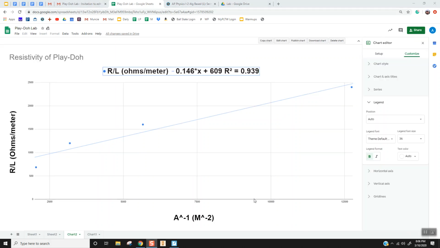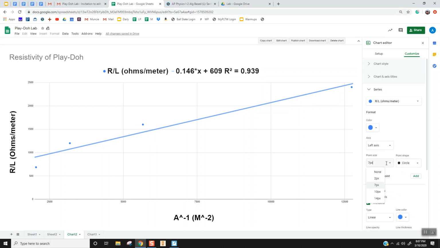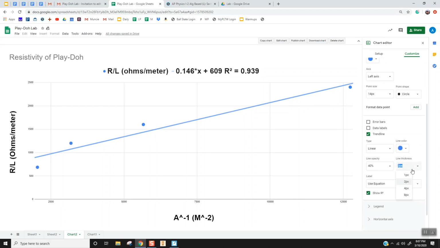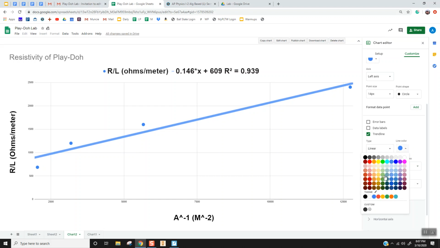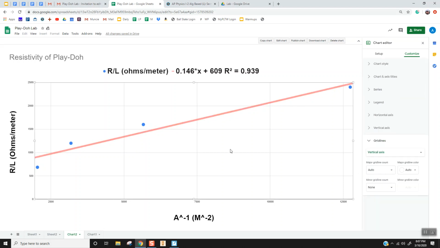Alrighty, now let's look at what this graph is telling me exactly. I'm going to make these lines and the dots just a little bit thicker so we can see what's going on. Let me choose a nice bright color. There we go.